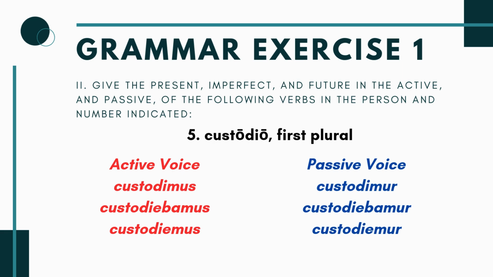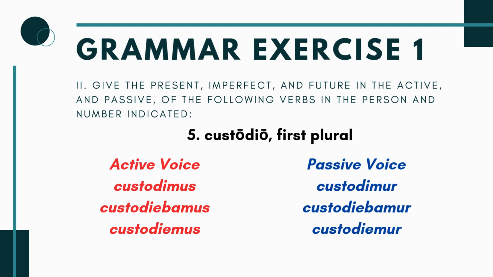You're doing first person plural, so you have custodimus, custodiebamus, and custodiemus. The E in custodiemus is future tense. On the passive side, you have custodimur, custodiebamur, and custodiemur, right? So you're getting that look at passive, right? The IE in that third ending makes it future passive.